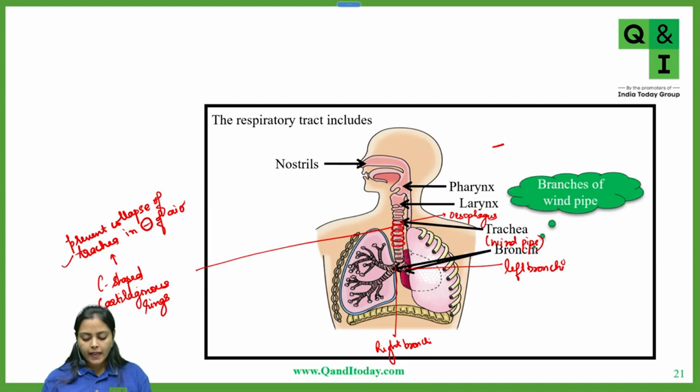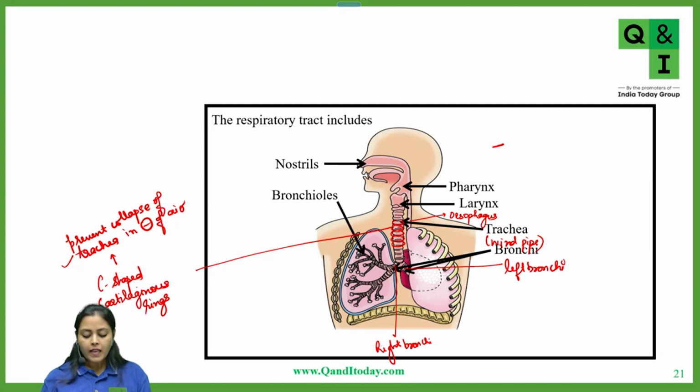Now inside the lungs, these bronchi will be divided into smaller sections, and these are called bronchioles. The left and right bronchi enter inside the left and right lung respectively, and then they are further subdivided into bronchioles.